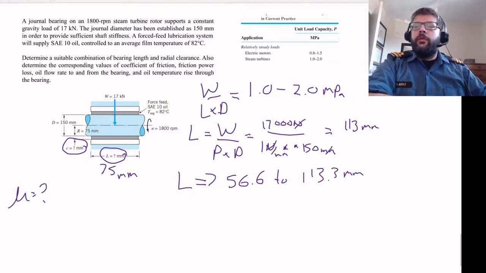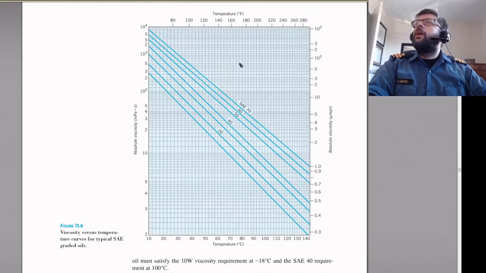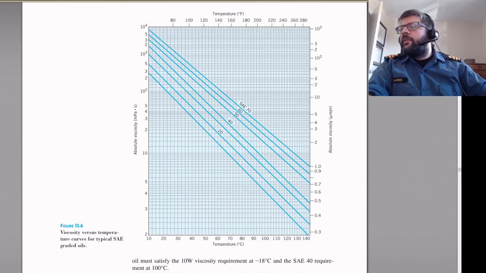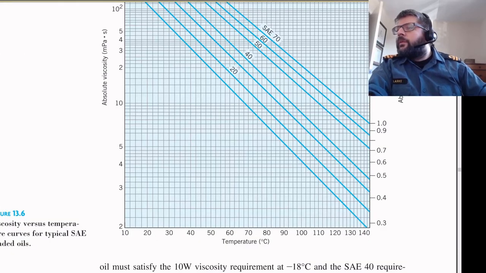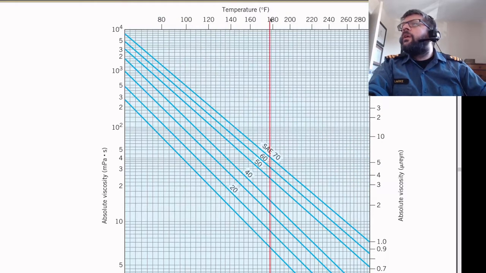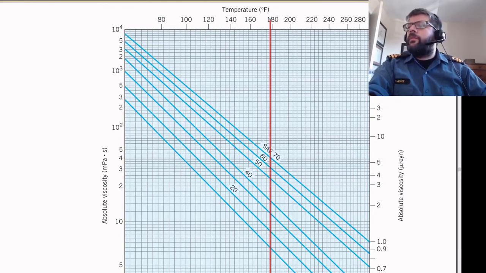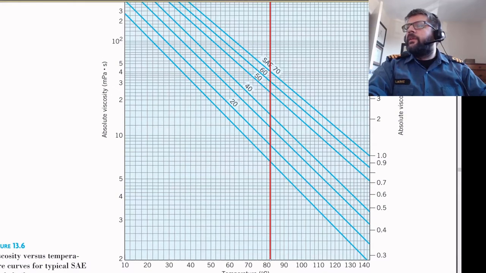So if we go to our chart here, I'm going to zoom in a little bit. We're looking for 82 degrees Celsius. It looks like there are 4 divisions for each line between 80 and 90, so we're looking at just to the left of the first division, right about there. And we're looking for SE10, so that's the lowest line.